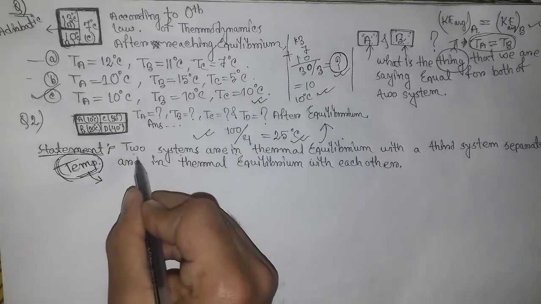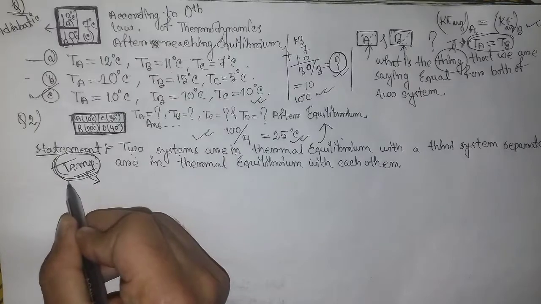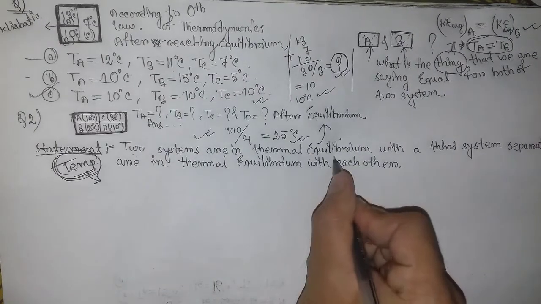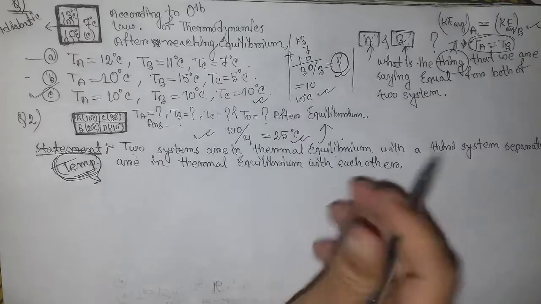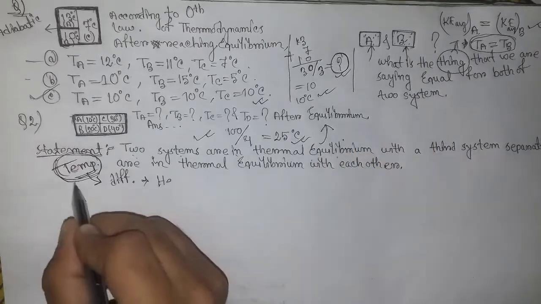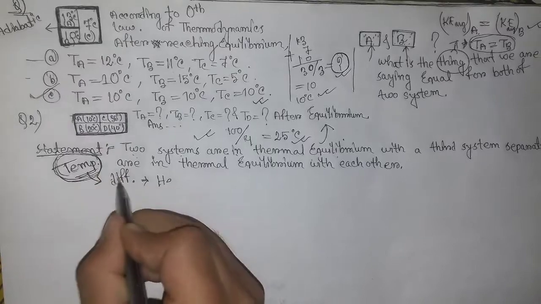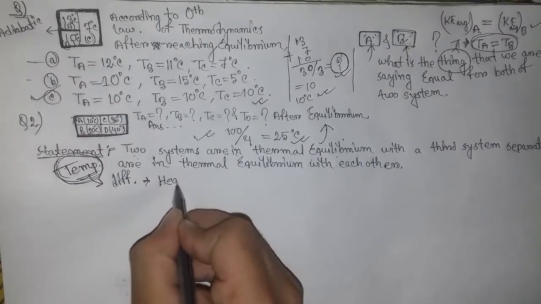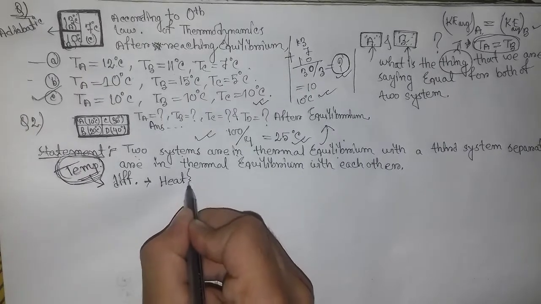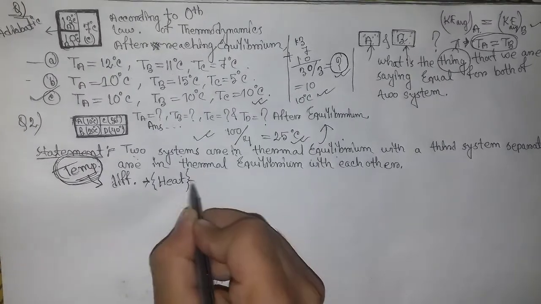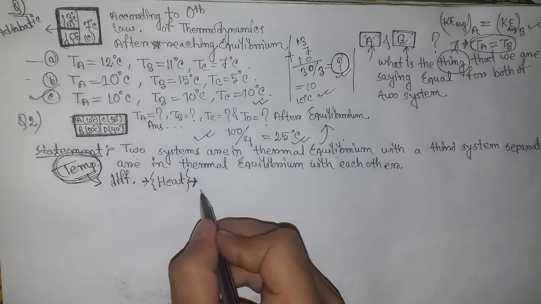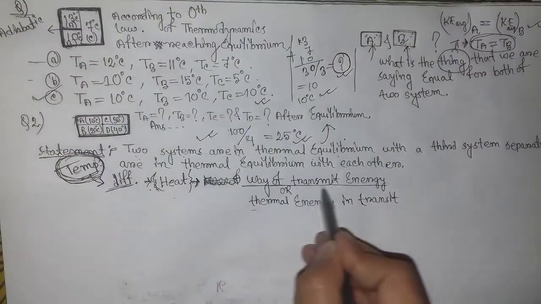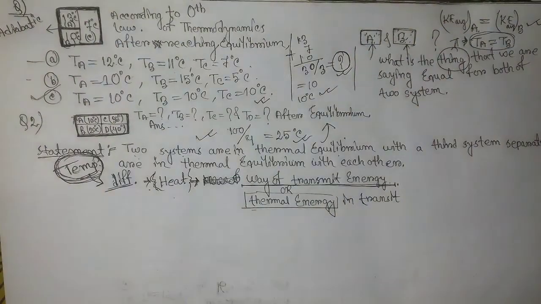After the Zeroth law we are saying that if two systems are in thermal equilibrium, then the two systems' temperatures are the same, and a difference in temperature is the reason for heat. Basically heat means the flow of energy. That means heat is a way of transmitting energy.